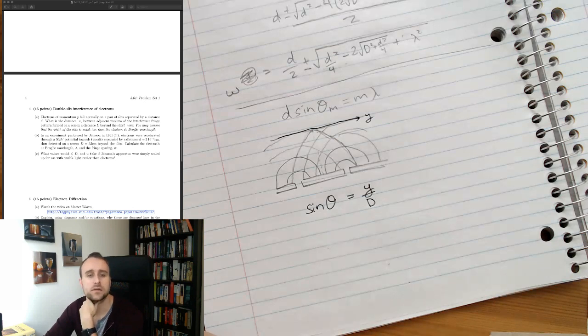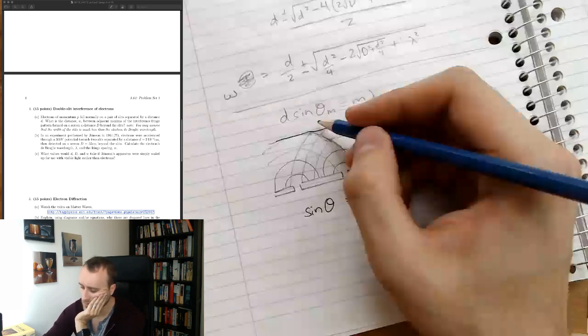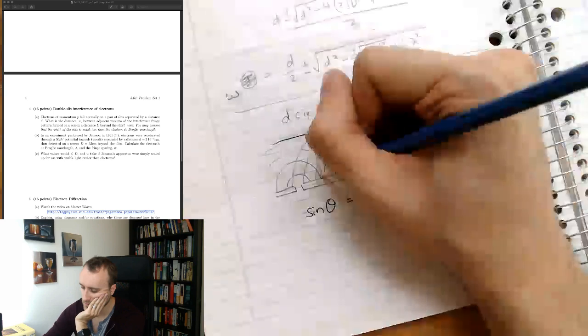D sine m. What is the theta here? I don't know what the theta is. Is it the angle between them? Like, I guess this is theta.